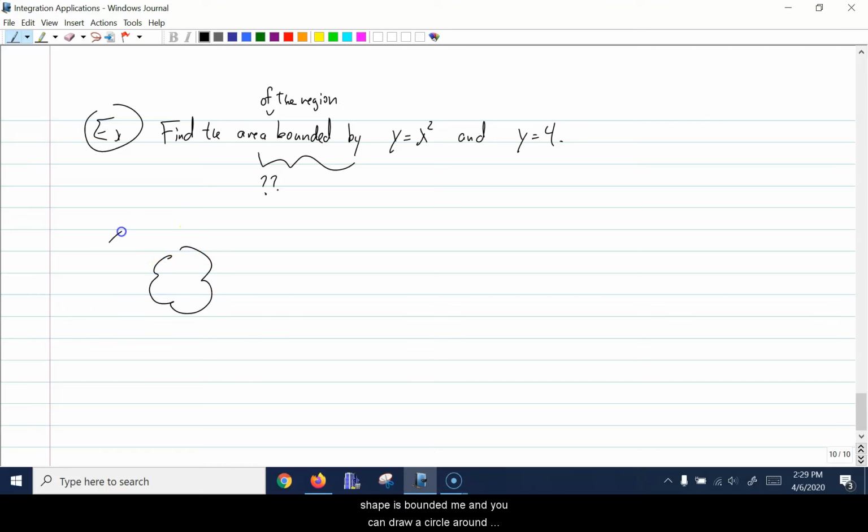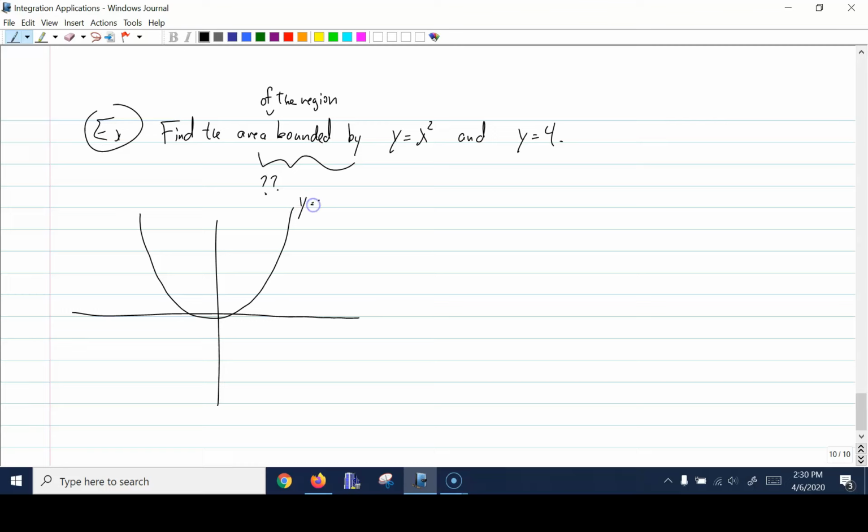A shape is bounded means you can draw a circle around it. This is the literal definition of bounded: it doesn't go off to infinity in any direction. There is some circle big enough to contain it. When I think about the graphs of y equals x squared and y equals 4, they cut the world into a bunch of pieces. How many pieces?